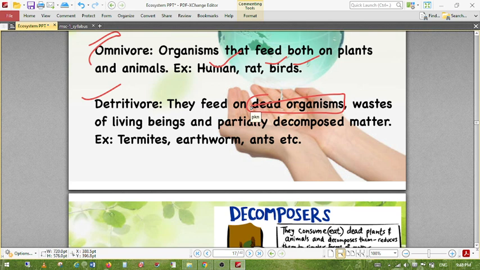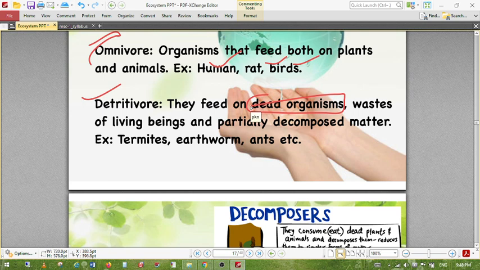These are called trophic level 1, trophic level 2, etc. Trophic level 1 is the producers or green plants. Trophic level 2 is the herbivores or primary consumers, which eat the green plants. Trophic level 3 is the carnivores, which eat the primary consumers. Trophic level 4 is the tertiary consumers.